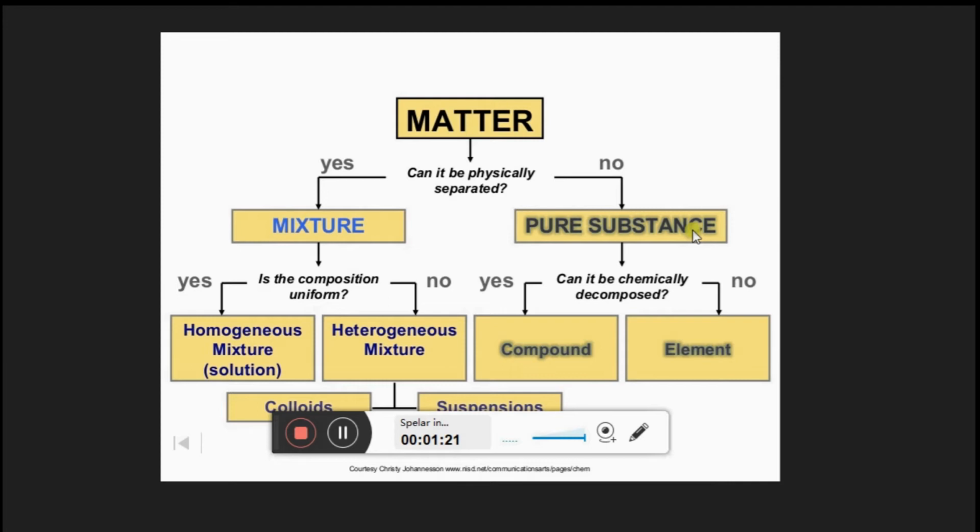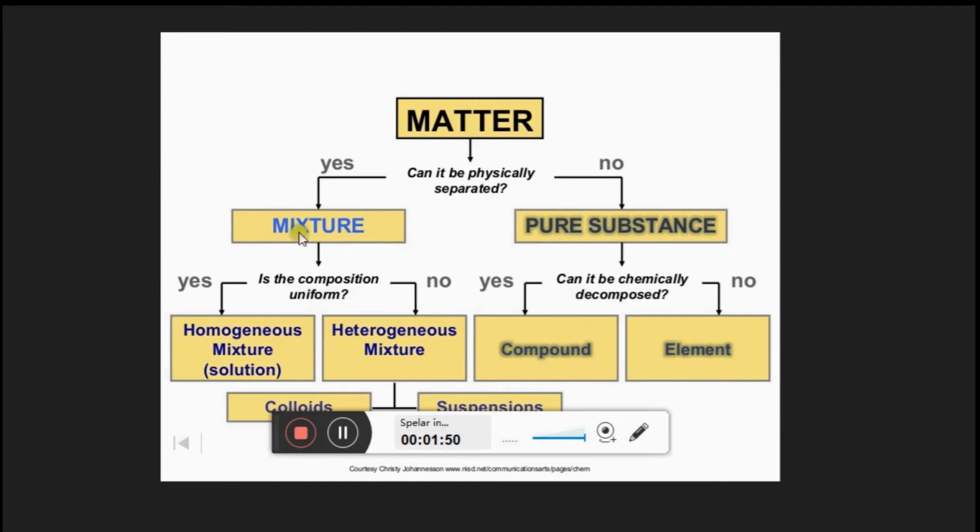I will explain homogeneous afterwards, but first think about pure substances. They can be chemically decomposed, that is, they are further divided into compounds and elements. Elements cannot be decomposed, whereas compounds can be chemically decomposed. That means chemical reactions are helpful for decomposing compounds.